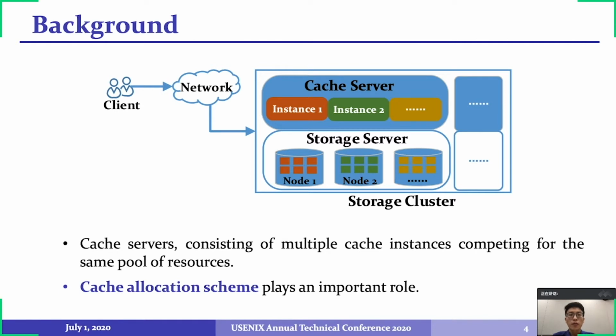Cloud service providers typically employ cache servers, consisting of multiple cache instances competing for the same pool of resources. So, well-designed cache allocation policies play an important role in ensuring the stated service level objectives.